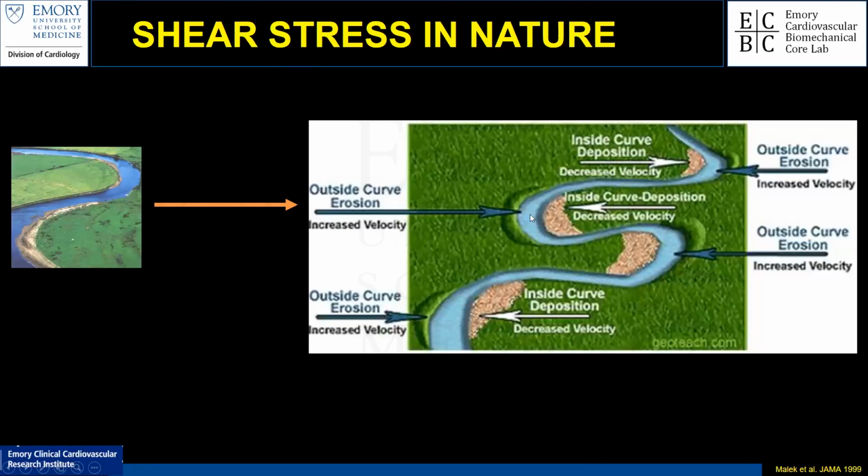In nature, we see that the inner curves of rivers often have slow flowing water, and these inner curves often show sediment deposition, whereas in the outer banks, often there is fast moving water and they show erosion.